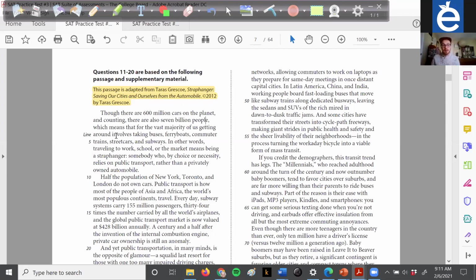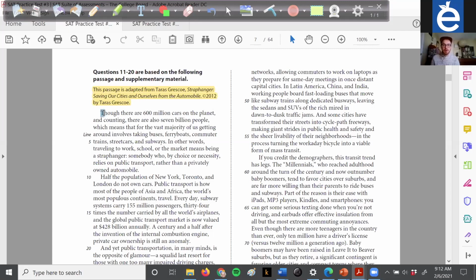We don't know exactly what that's going to look like, but the blurb has already given us a pretty good idea. So what do we do after we've read the blurb? Well, next we're going to sandwich this passage. Get something like the first and last sentence of each paragraph. Now, some of these paragraphs are only 2 sentences, so that's going to give us some good connective tissue there. Let's dive in. Though there are 6 million cars on the planet and counting, there are also 7 billion people, which means that for the vast majority of us, getting around involves taking buses, ferry boats, commuter trains, streetcars, and subways.